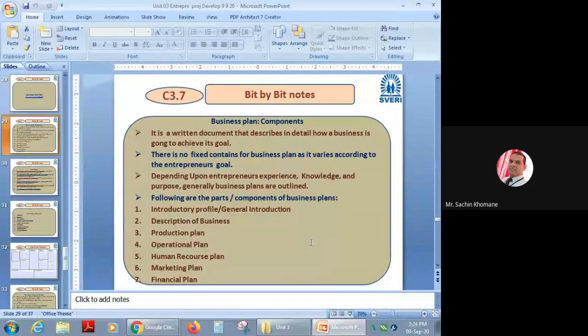So you can include the location of the enterprise. You may include the land details. You may include, as we have seen in the project report, whether the land is on a lease or it is owned or it is freehold, right? So that information must be there, and even the NOC for that particular area. NOC is mandatory, right? A no objection certificate is necessary if you are starting your organization in a rural or urban area.